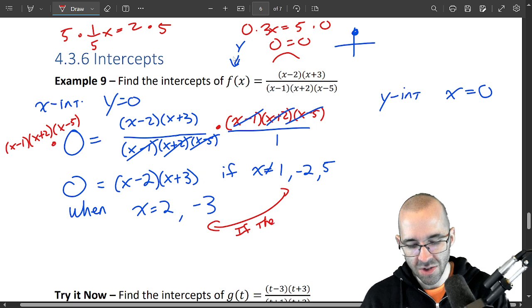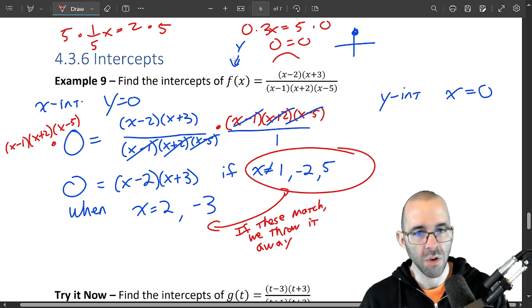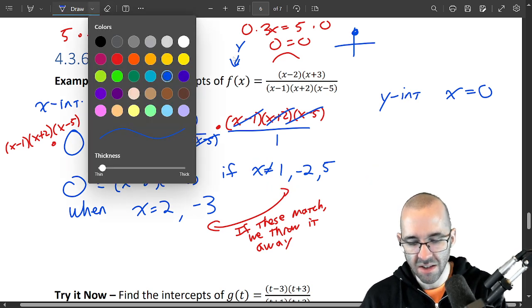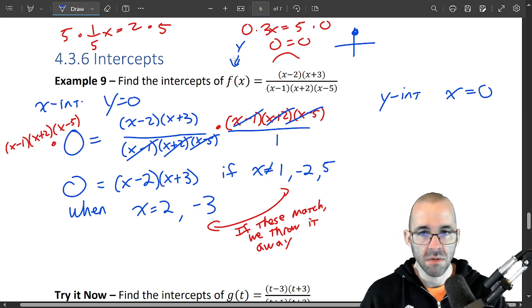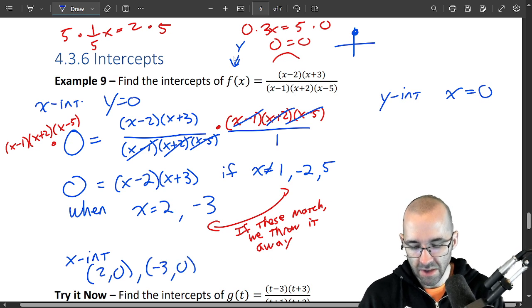If these match, we throw it away, because this is only true if we're not those numbers. If we did get the same numbers, we'd have to toss it. So for y equals 0, our x-intercepts are when x is equal to 2 and y is 0, and when x is -3 and y is 0.